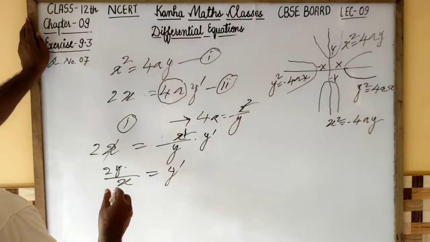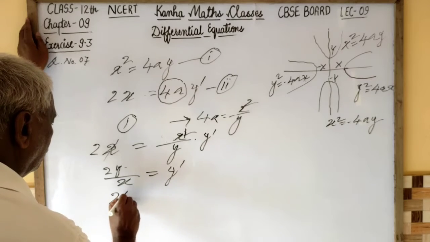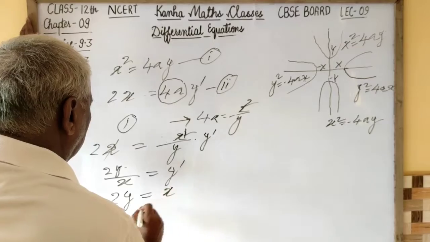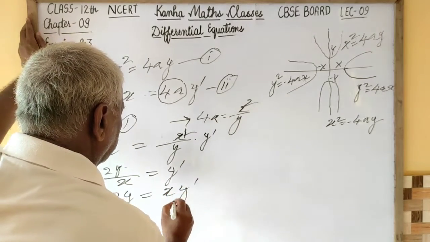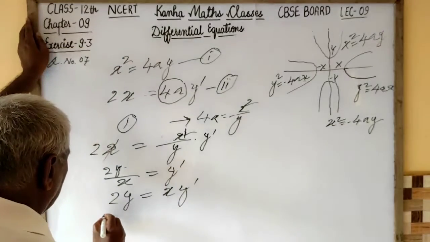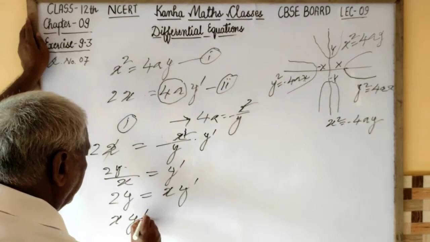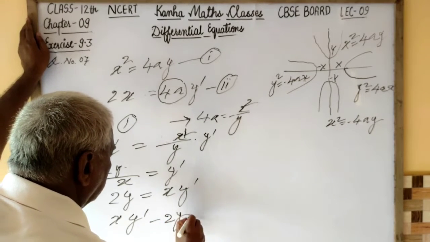Now this will be x y dash minus 2y is equal to 0.